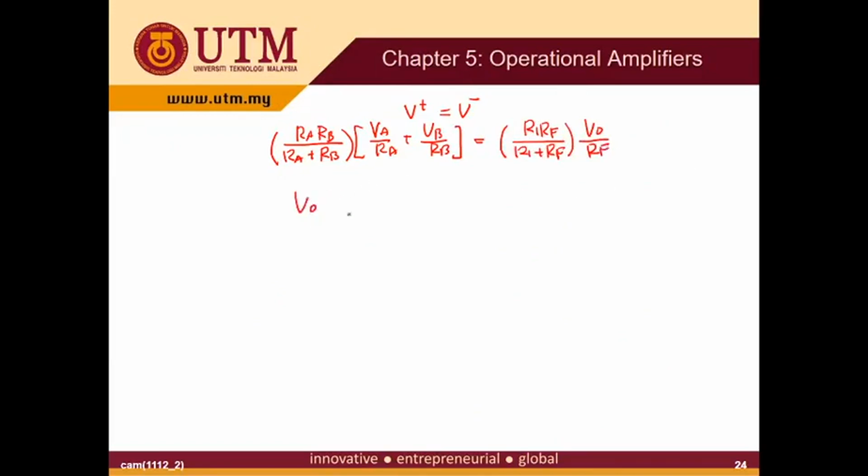Lastly, you solve this. Vout is equal to (R1 plus RF) over R1, times RA RB over (RA plus RB), times (VA/RA plus VB/RB). So this is the derivation of the output for the non-inverting summing amplifier.